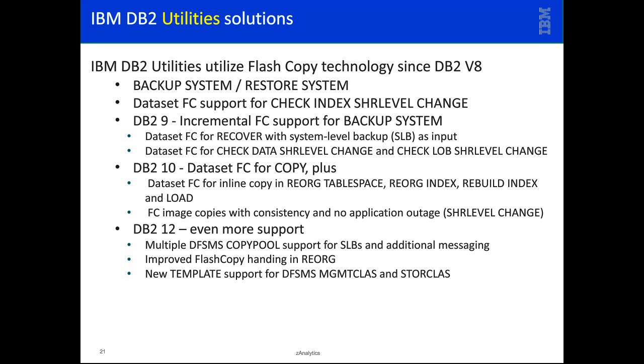We also, back in version 8, if you have FlashCopy available, you can do CHECK INDEX SHRLEVEL CHANGE on a dataset level. In DB2 9, we further expanded the use of FlashCopy by allowing you to recover from a volume-based system level backup as input. In addition to that, we extended FlashCopy usage for CHECK DATA SHRLEVEL CHANGE and also for CHECK LOB SHRLEVEL CHANGE.